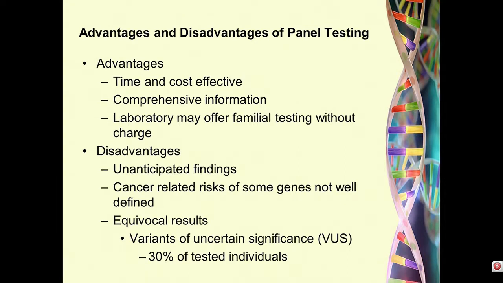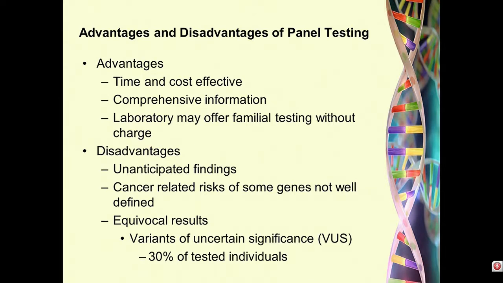Some of the genes that are included on the panels, we really don't know all of the information about the cancer-related risk. And so for some of the genes included on the panels, we don't have guidelines for what we need to do for screening and surveillance. And so we may need to kind of make up those recommendations for screening and surveillance so that we're able to keep the patient as healthy as possible.